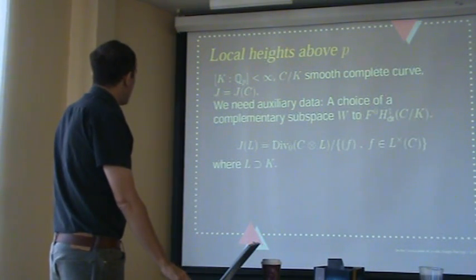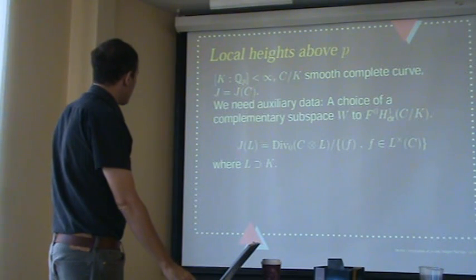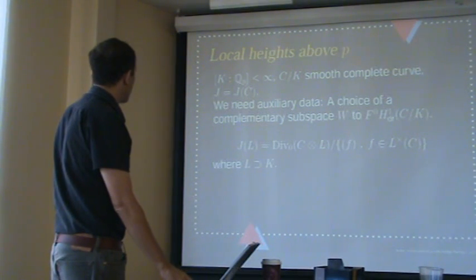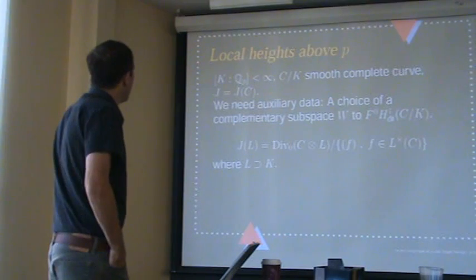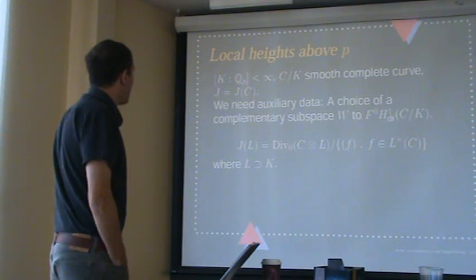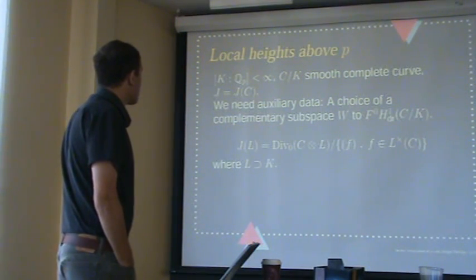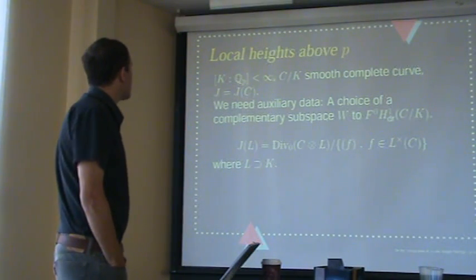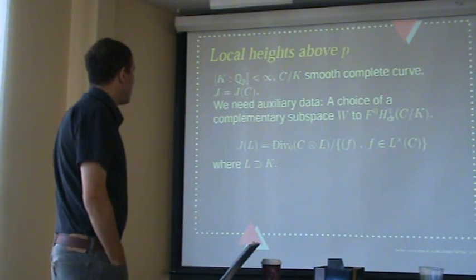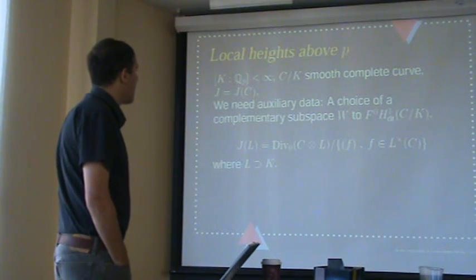Okay, now what do I have to do? So I have to recall for you for a second what the Jacobian is. For any extension L of K, the L points of J are all the zero divisors of C scalar extended to L, and then you just divide by the principal divisors.